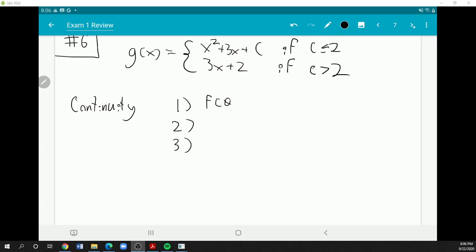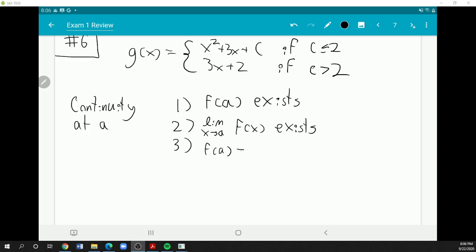f of a exists if we're continuous at a. The limit as x goes to a of f of x exists. And these 2 things are equal.